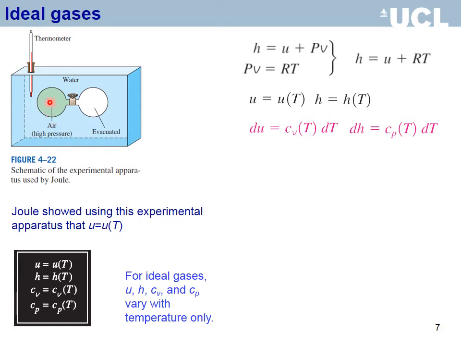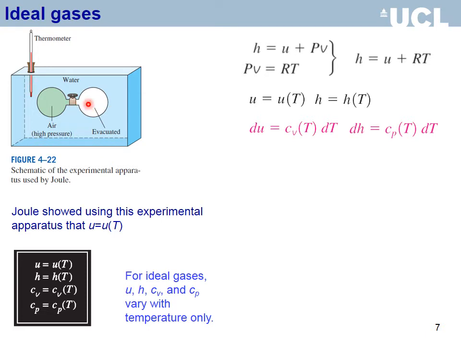It's just relatively high pressure, and he evacuated the little white chamber on the right-hand side, and he put a valve in between. So in the beginning, he had air on this side at higher pressure than on the other side, which was evacuated. The next thing he did was put the whole thing in a water bath, which he insulated from outside, and he put a thermometer in it.